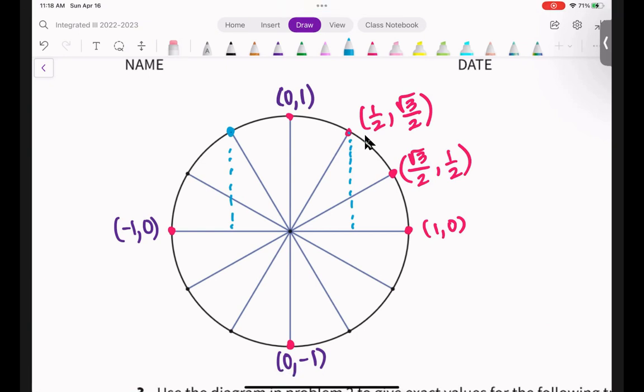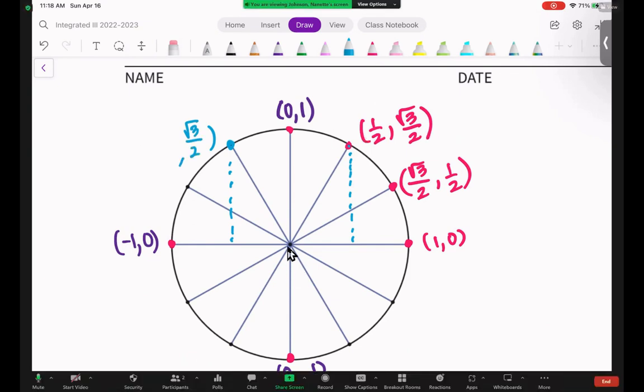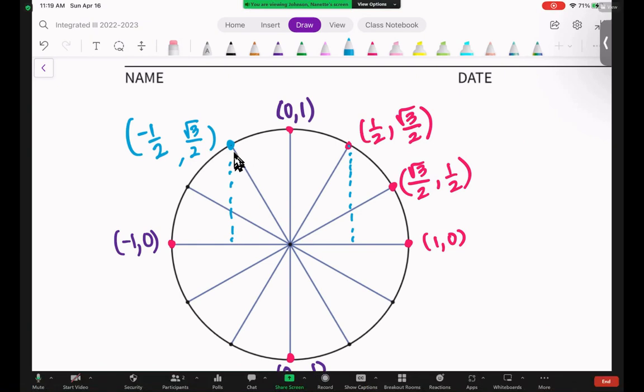So the y value is going to be exactly the same because you went up the same amount. So this guy's going to have √3/2 as the y value. But notice here, instead of going right 1/2, we went to the left, and left means -1/2. So that's that coordinate.